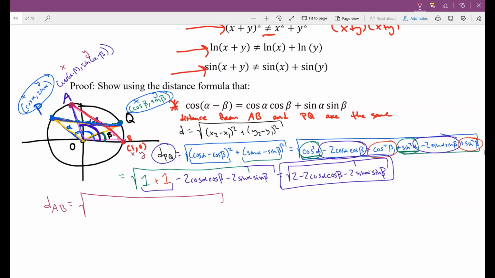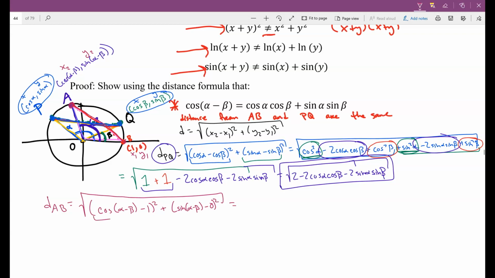So I'm going to use this cosine alpha minus beta as x2, y2, and 1, 0 as x1, y1. So it's going to be cosine alpha minus beta minus 1, whole quantity squared, plus sine alpha minus beta minus 0, whole quantity squared.